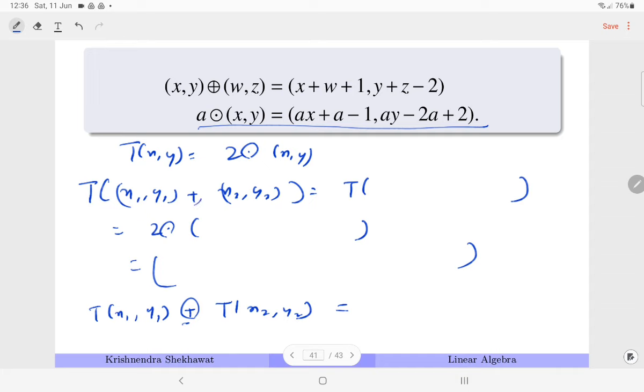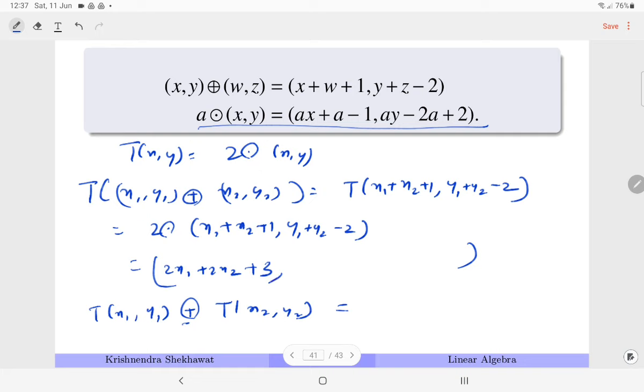So T(x1,y1) + T(x2,y2) is (x1+x2+1, y1+y2-2), and then it is 2 times (x1+x2+1, y1+y2-2), and then it becomes 2x1 + 2x2 + 2, then plus 2 - 1, which is plus 3, and similarly 2y1 + 2y2 - 4 + 2, which is -6. This is my left hand side.